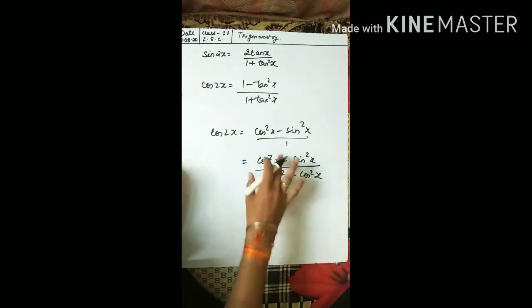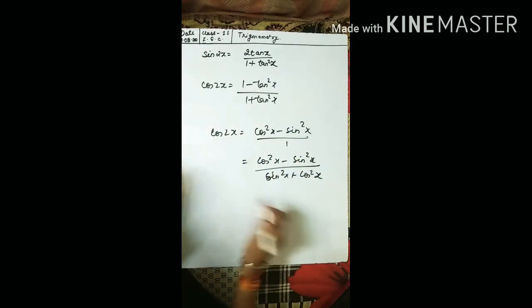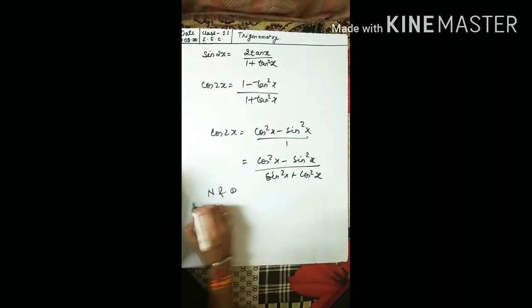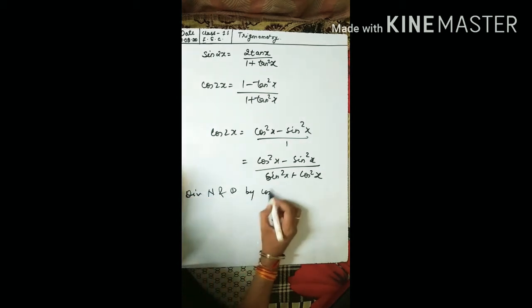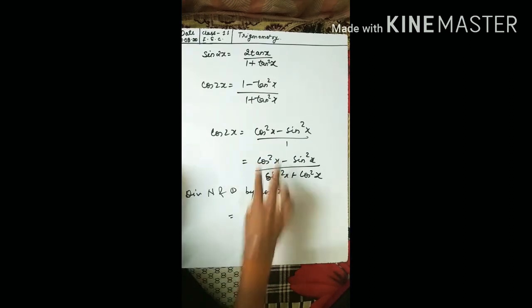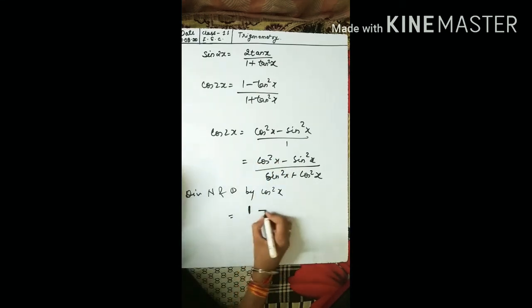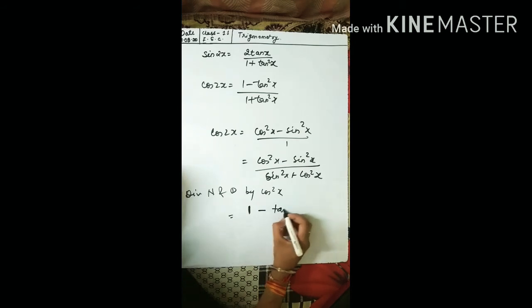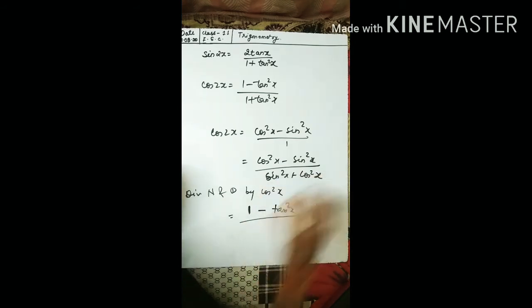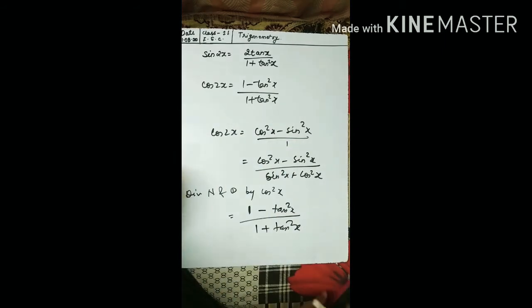Now you divide numerator and denominator by cos square x. So cos square x upon cos square x will be 1. Sin square x upon cos square x will be tan square x. And in the denominator, that is 1 plus tan square x. So that is how we have done this.